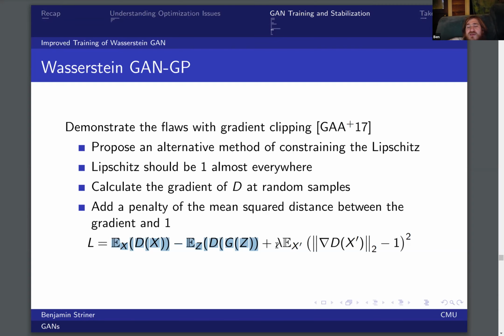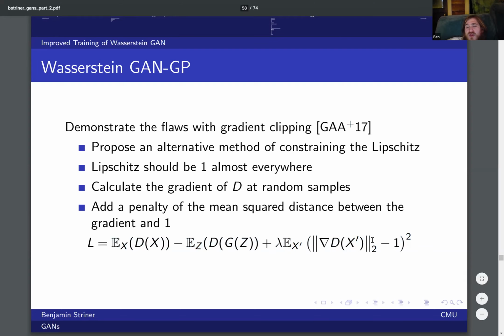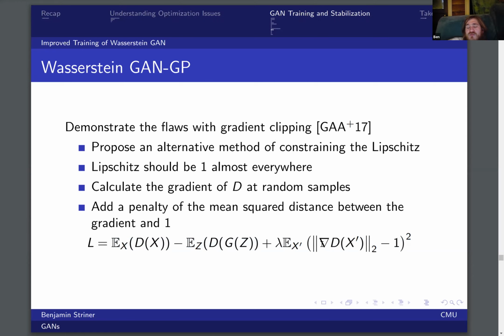What we add to this is a regularization term, and this is the new part in Wasserstein GAN gradient penalty. What that term does is, what is the gradient of the discriminator, minus 1, squared.